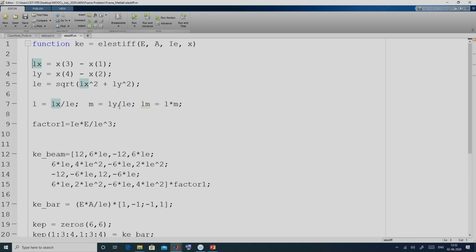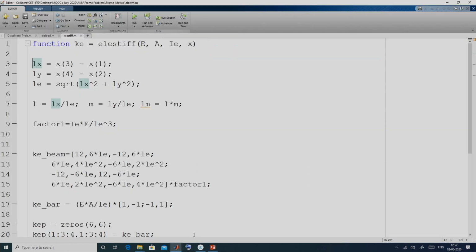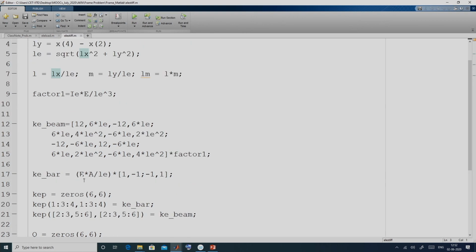After that, this is our element stiffness matrix in local frame for the bar element. So, here you can see AE by LE, that is corresponding to bar element, 1 minus 1.